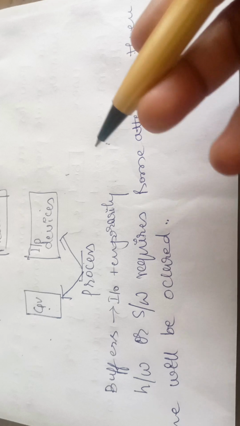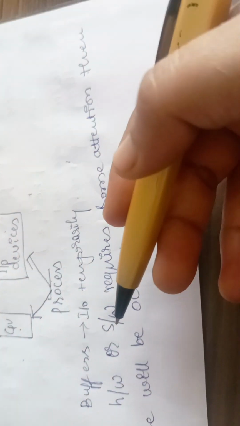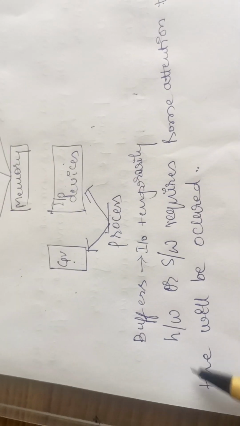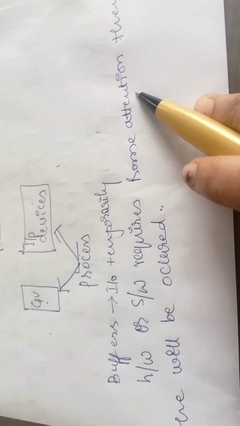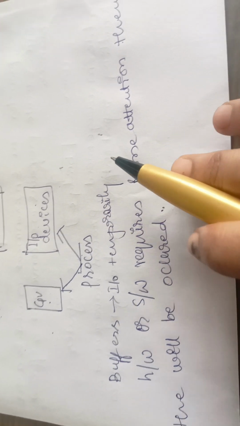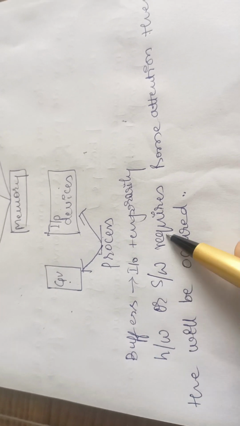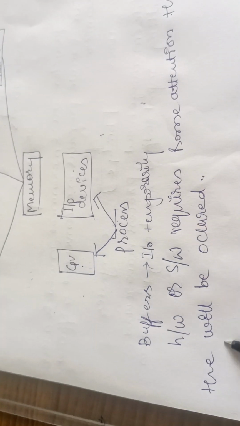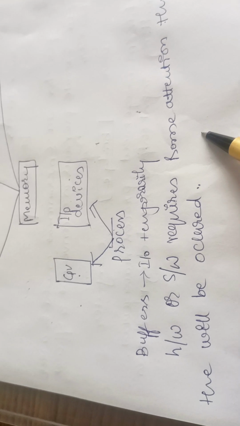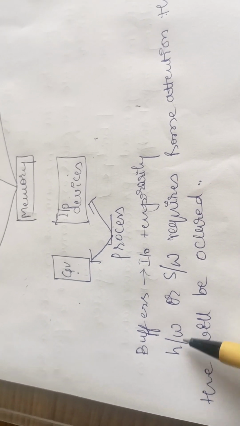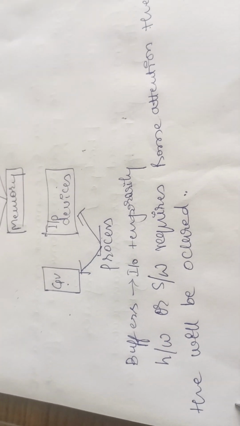You will say, excuse me ma'am, or excuse me sir, right? So that is just like an interrupt. That means if you require some attention towards you, you say excuse me. Like that, if the hardware or the software requires some attention, then interrupts will occur, either triggered by the hardware or by the software.